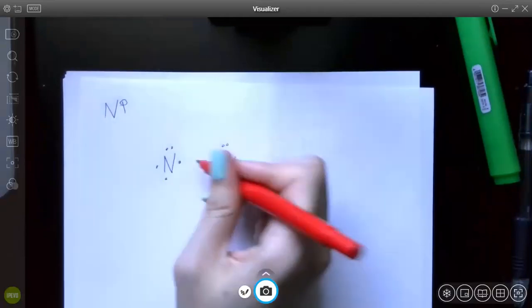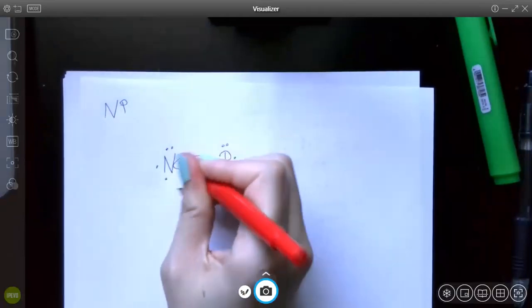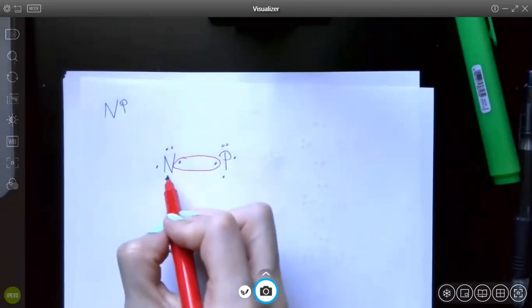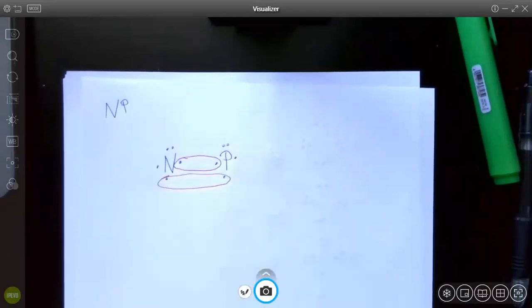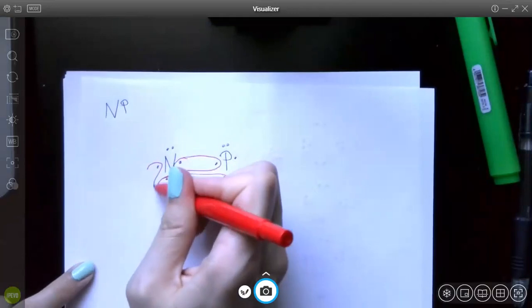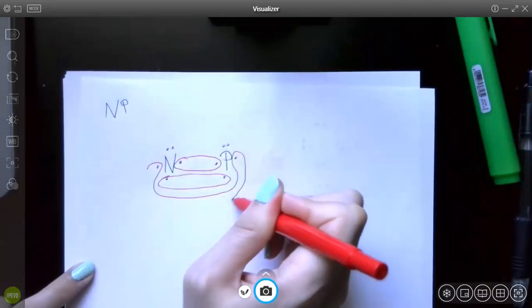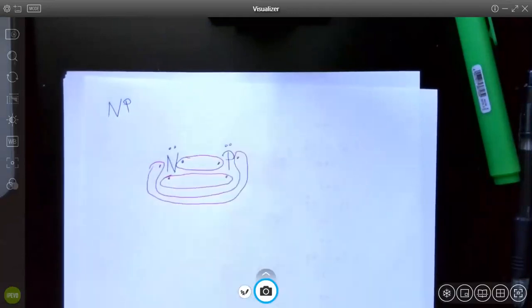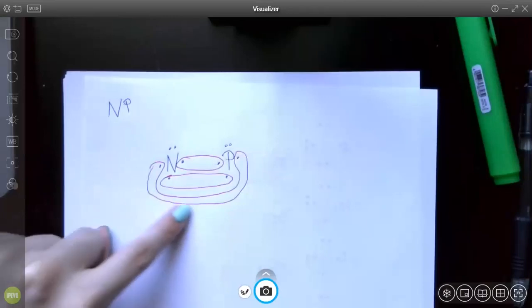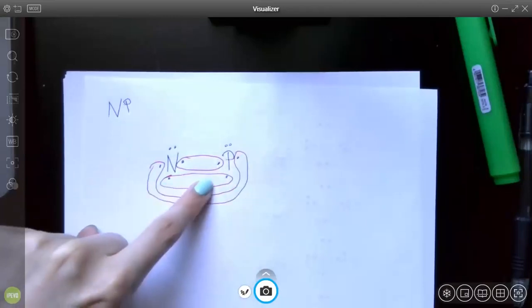So what I'll do is I'll start by saying, okay, those two electrons can bond to each other. These two electrons can bond to each other. I can't stop there. I still have electrons that are by themselves. So those two electrons will bond together. When you're done, every single lone electron should be inside one of these little sausage things.